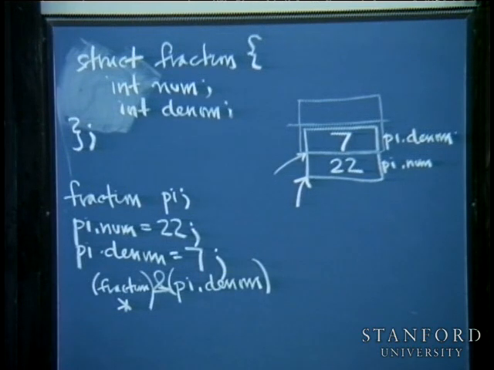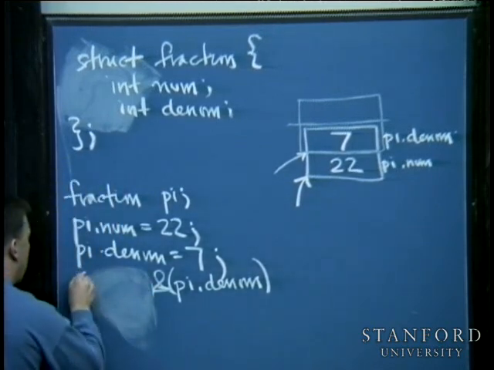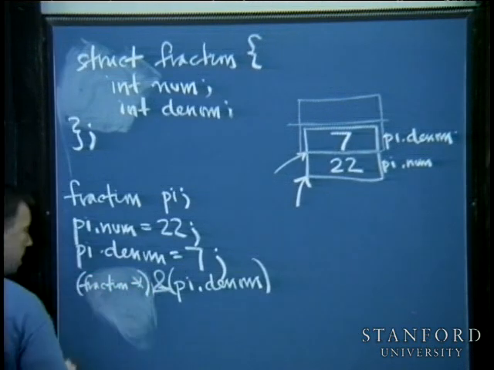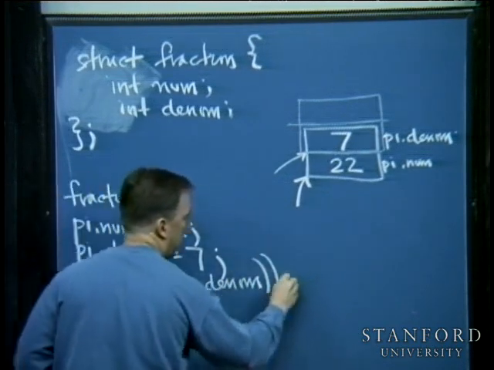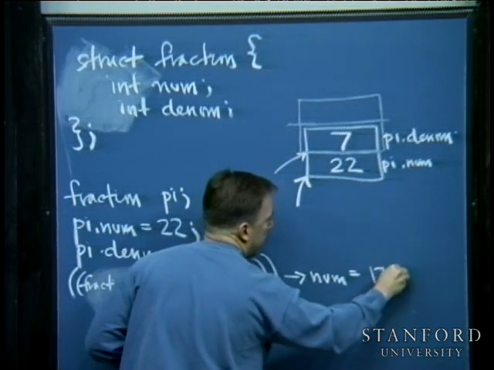So when I go ahead, let me actually draw this a little bit more accurately. I go ahead and do fraction asterisk, and I do this. Num is equal to 12.